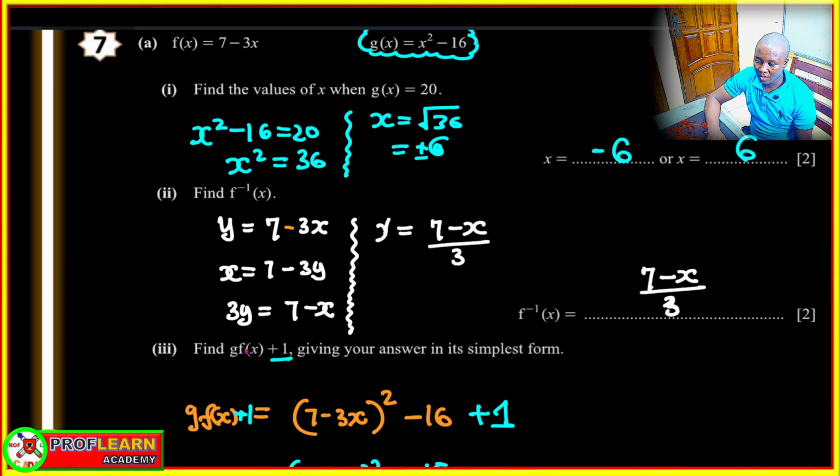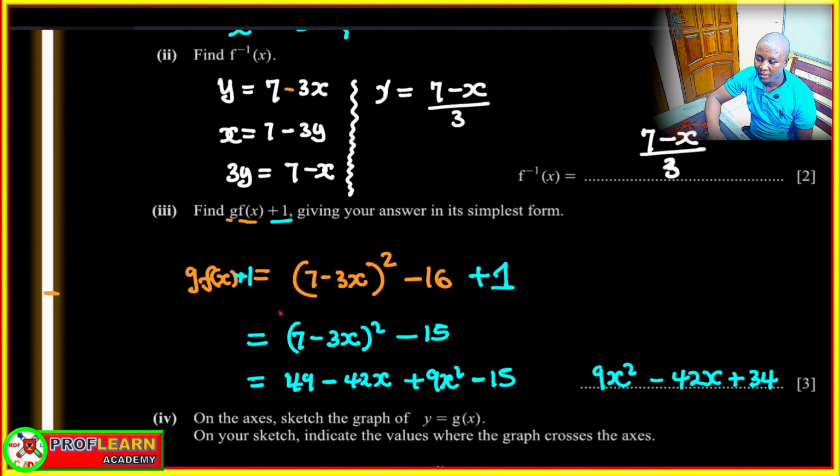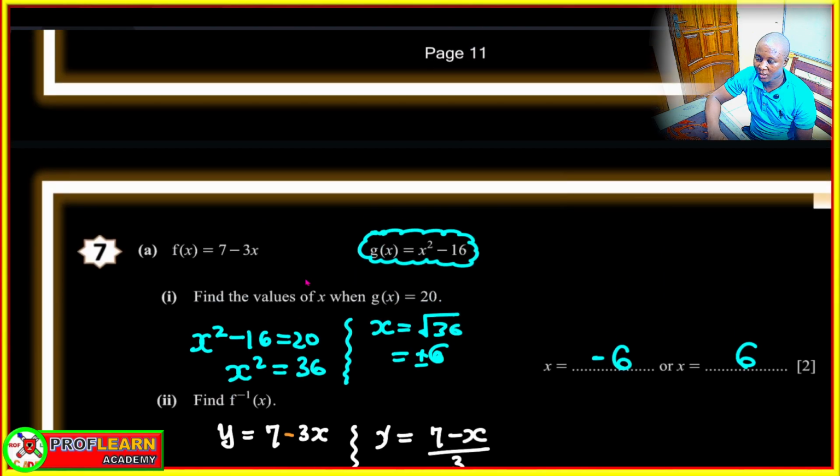Next is g of f of x plus 1. Meaning that in function g, anywhere you have x, you are going to substitute what f of x was. G is x squared minus 16. So we are going to substitute this anywhere we have x here.